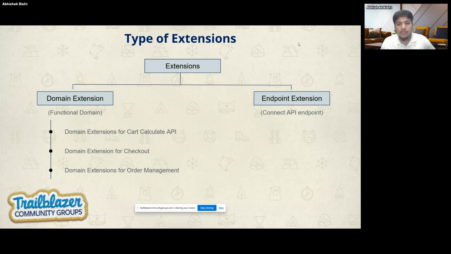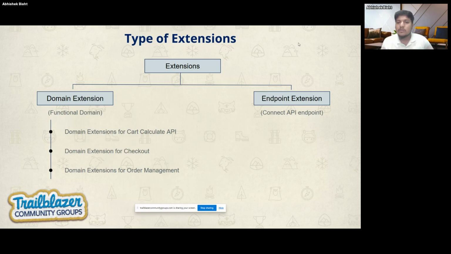Whatever we code in the backend will execute at that time, and there is no custom component needed as standard. We can also remove standard components from the checkout page using these extensions. With an endpoint extension, we can modify the Connect API request and response.